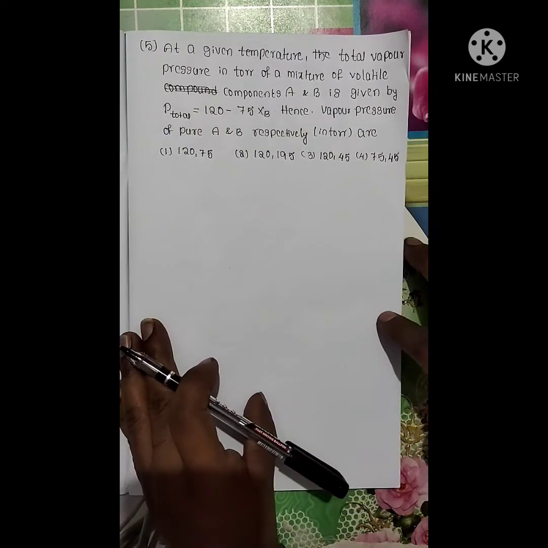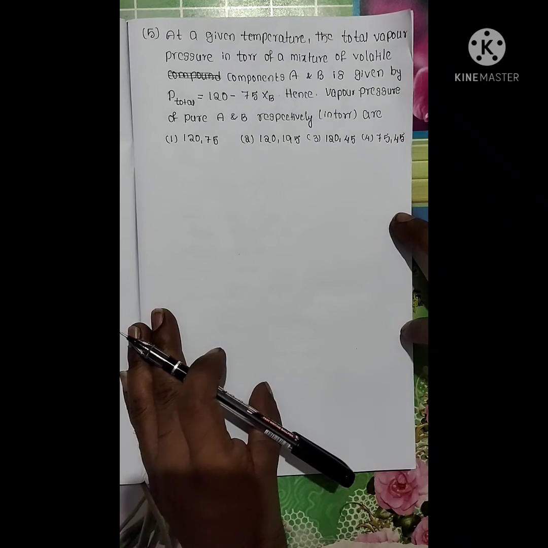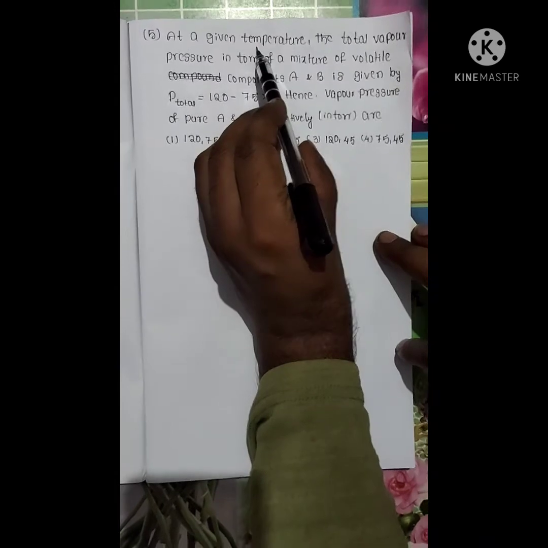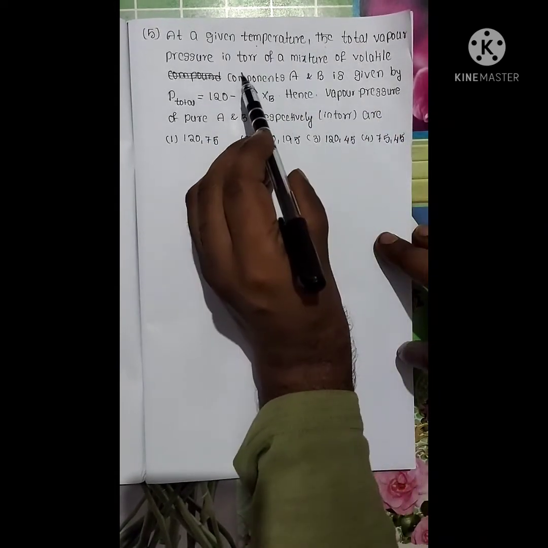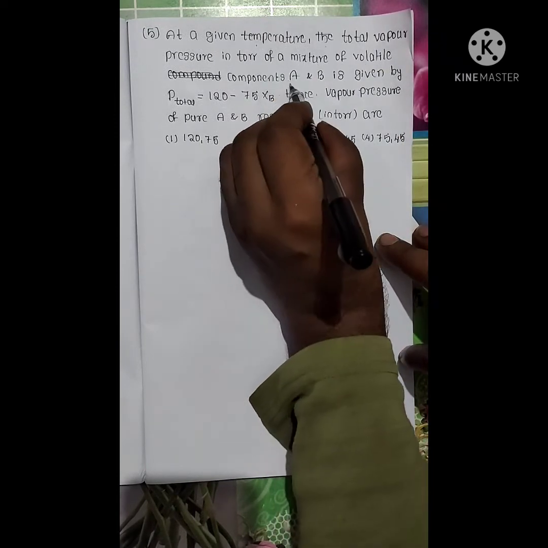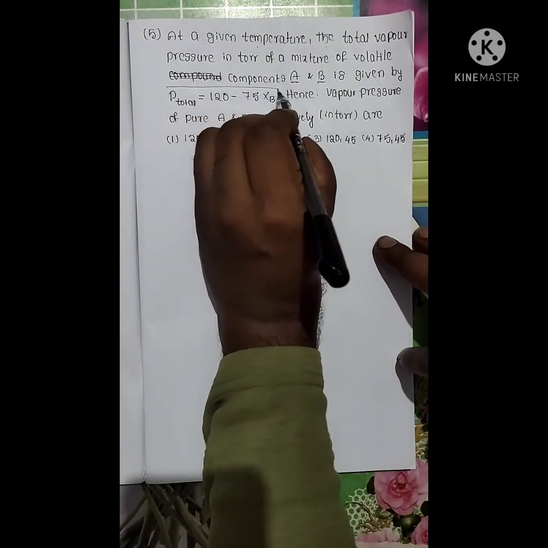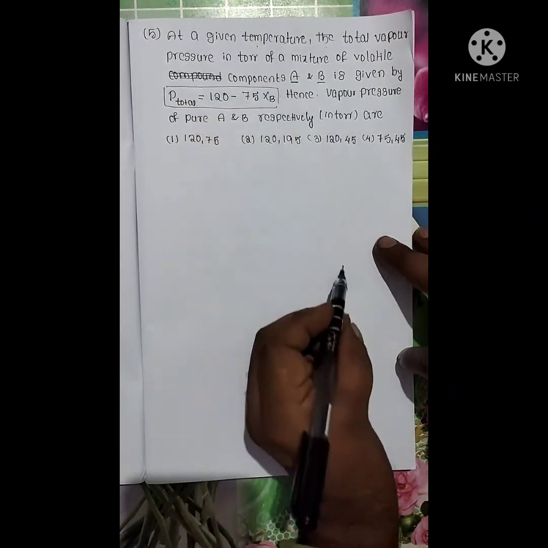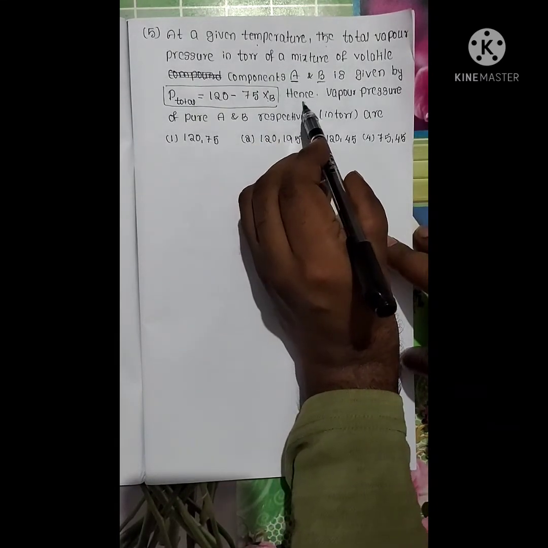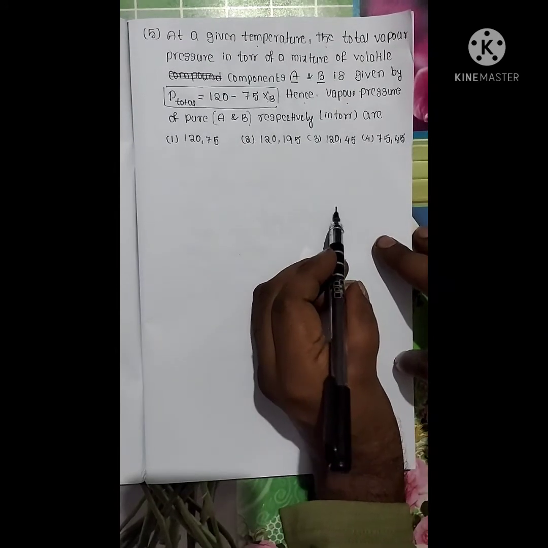Yes, another very important model related to Raoult's law, liquid condition. At a given temperature, the total vapor pressure in torr of a mixture of volatile components A and B is given by P total equals 120 minus 75 into mole fraction of B. Hence, find the vapor pressure of pure A and B respectively.